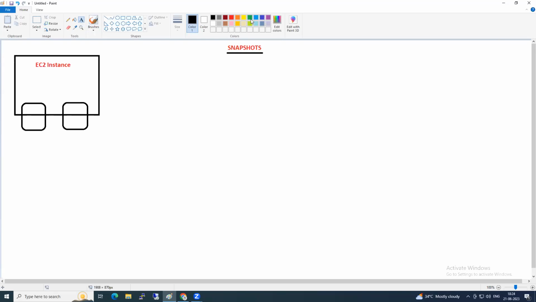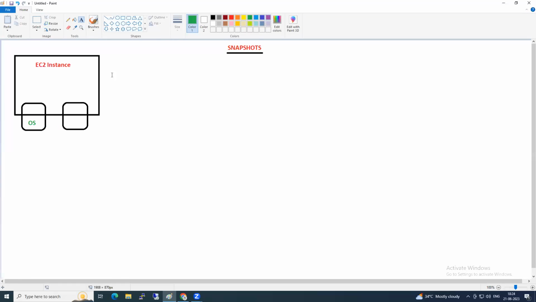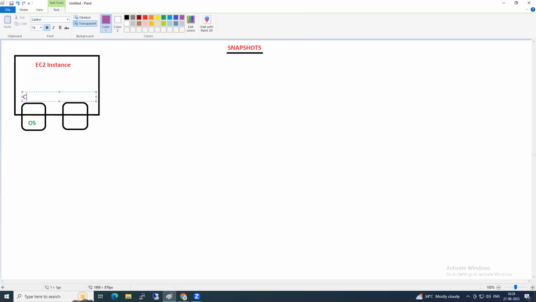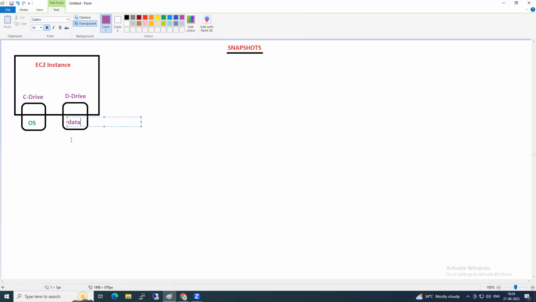So what does the root volume contain? OS. This root volume is nothing but the C drive. And this is the D drive. What is there in the D drive? D drive contains data.